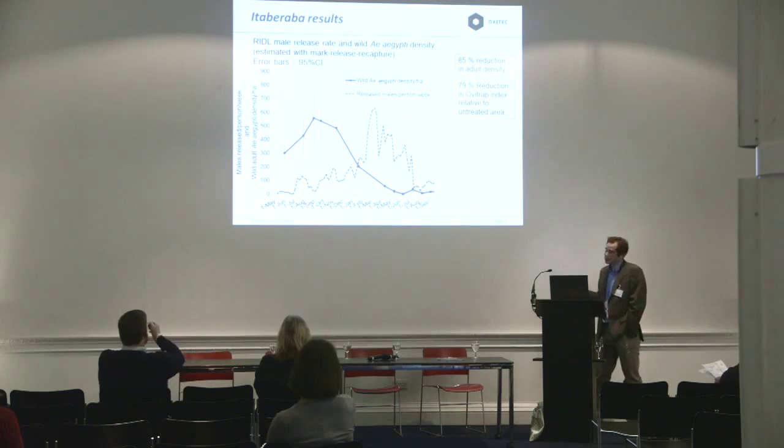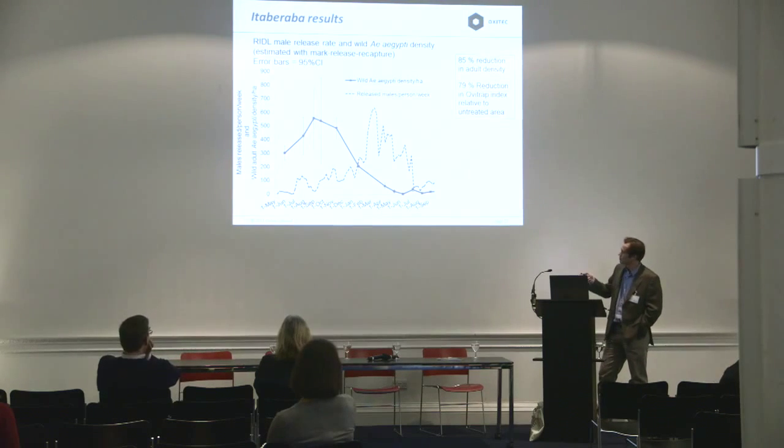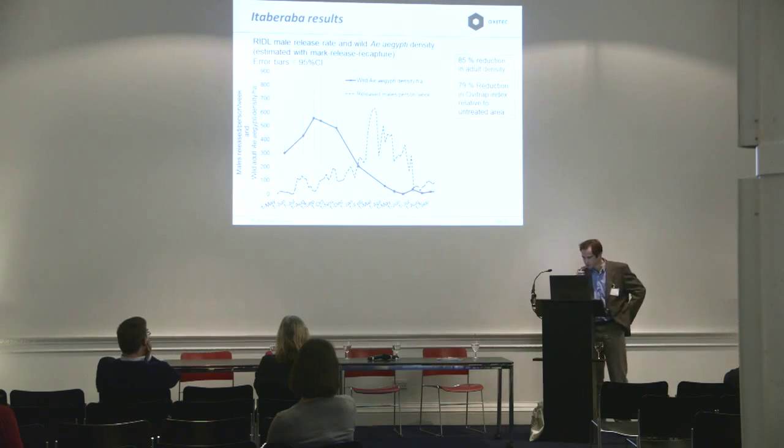What I'm showing you here is some results from a phase before we achieved the desired release rate. Now, because we're releasing males, we're actually able to monitor the adult standing crop, so the actual adult population.